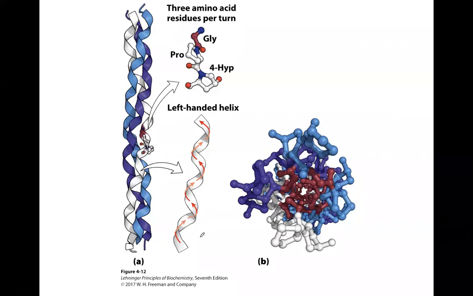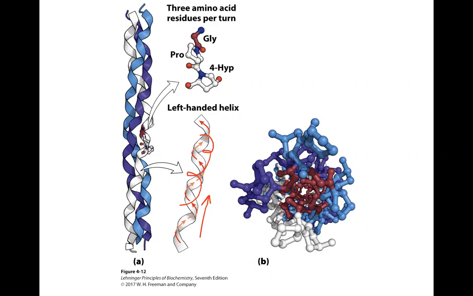If you can see here, direction of propagation, right? This is going to be counterclockwise, like that, like that, like that. Counterclockwise, so it's a left-handed helix. And so three of these are put together and form a right-handed triple helix.